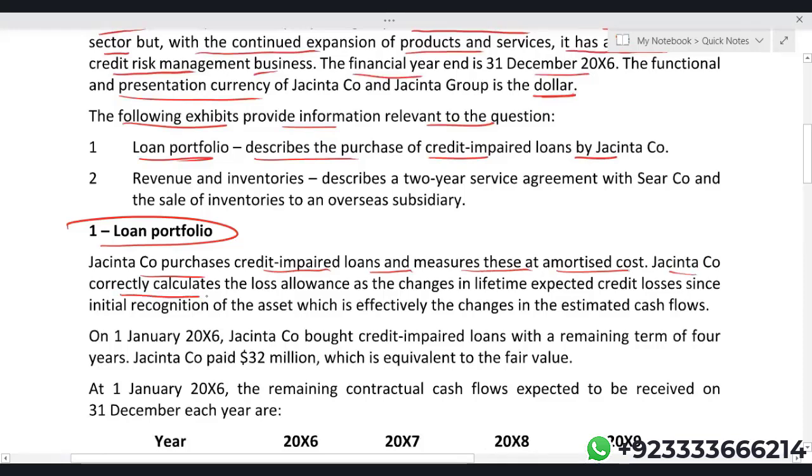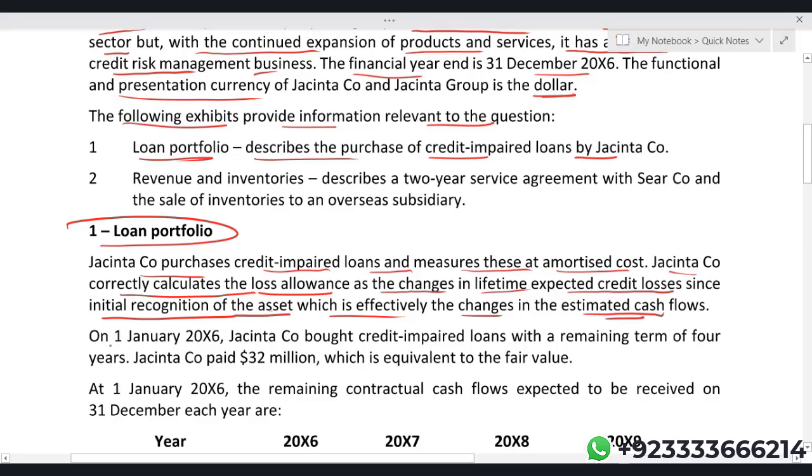Jacinta Company correctly calculates the loss allowance as the changes in lifetime expected credit losses since initial recognition of the asset, which is effectively the changes in the estimated cash flows.